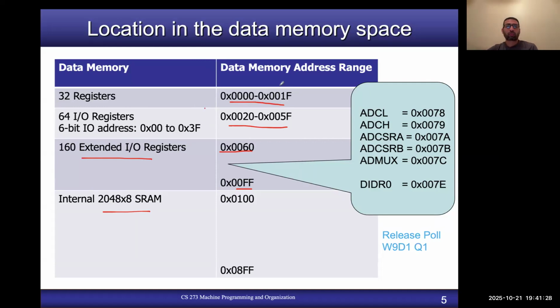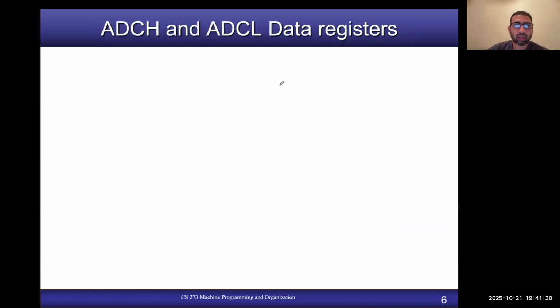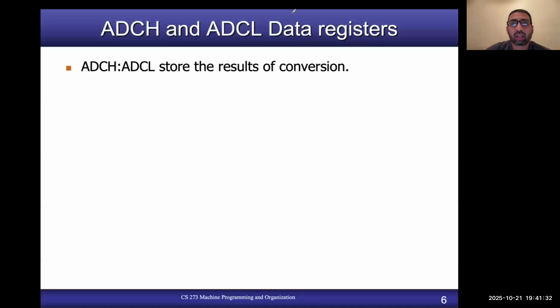Okay, now let's continue with the next slide. Remember, I said there are different registers associated with the ADC, or analog to digital conversion. Two of those registers are ADCL and ADCH. These two registers are used together, in combined form, to store the result of the conversion.